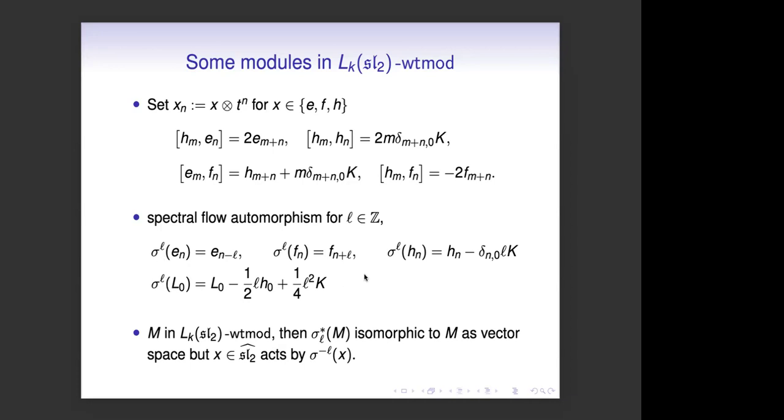In particular, it doesn't leave the Virasoro zero mode invariant. And whenever you have an automorphism, you can twist the module by the automorphism, which gives you, as a VOA module, an honest new VOA module. In particular, these spectral flow twists of lower bounded modules are almost never lower bounded.